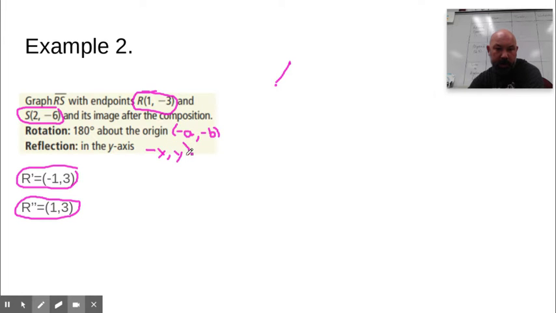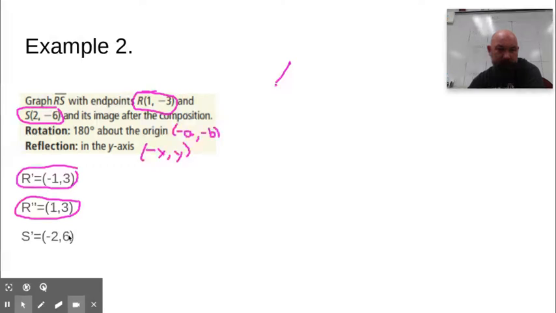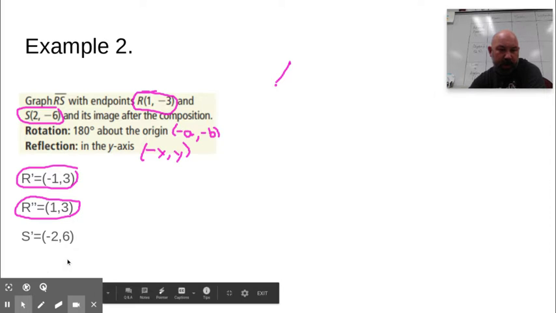So the only thing that changes is the sign of the x value. If we jump to the next one, I take (2, -6), but I change the signs and I get (-2, 6). Then if I want to reflect it over the y-axis, the only thing that should change is the x, and it does. It goes from negative to positive.